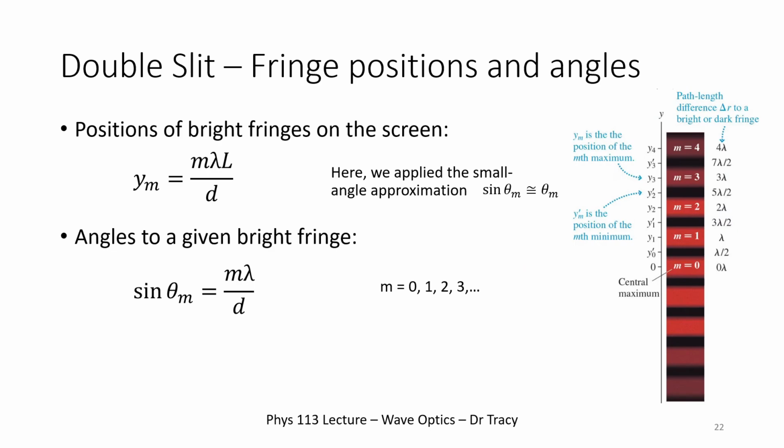What are the positions of bright fringes on the screen for a double slit? Well, y sub m, once you combine these two equations, where we're assuming that the small angle approximation fits, sine of theta is equal to m, and tangent of theta is approximately sine of theta, which is approximately theta.